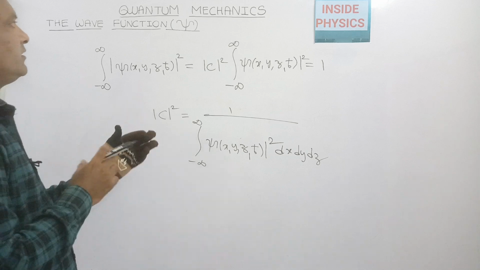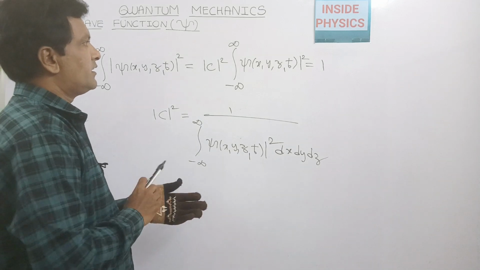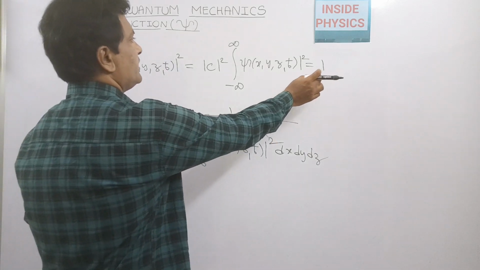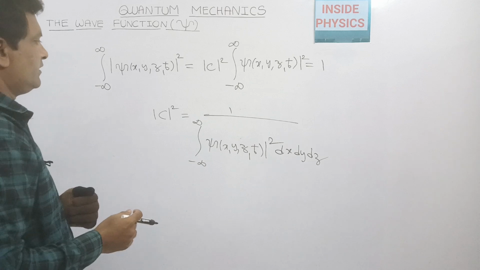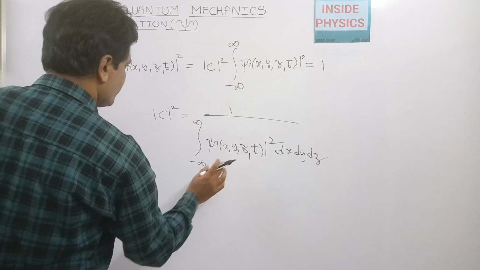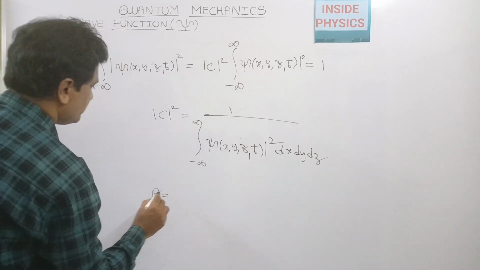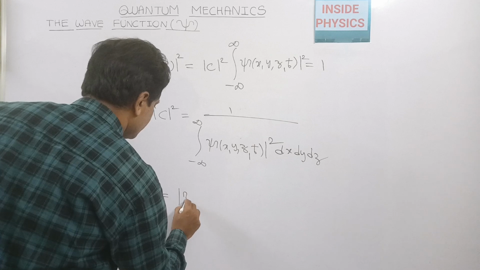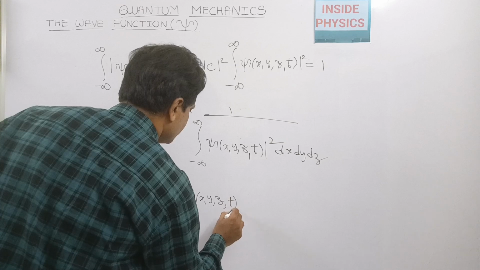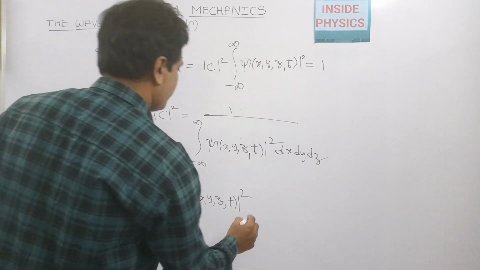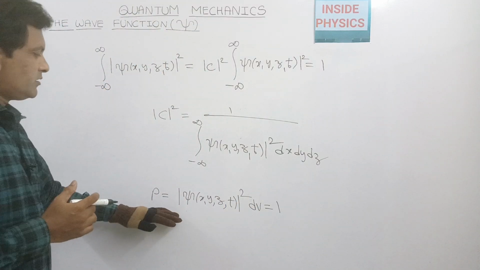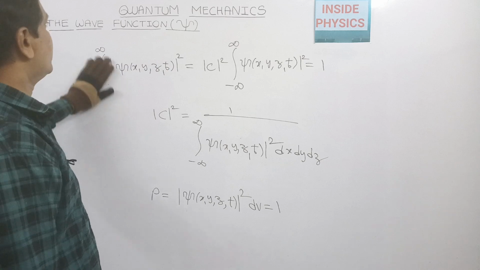The normalization condition is that the probability of finding a particle in the space considered, a small volume, is equal to 1. From the Max Born interpretation, this is the probability interpretation of the wave function.